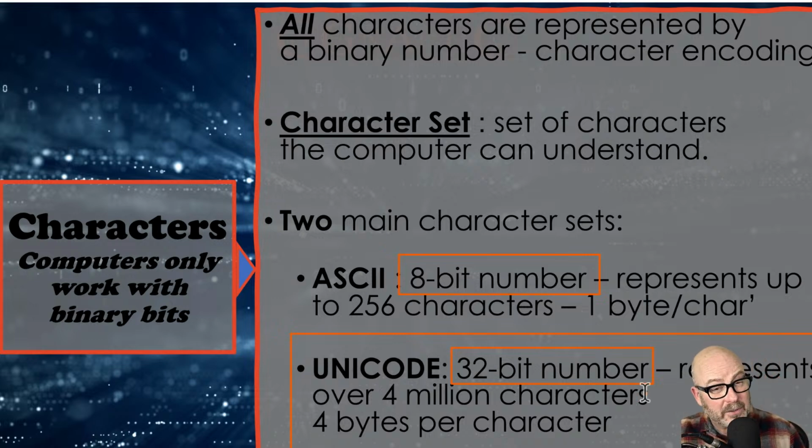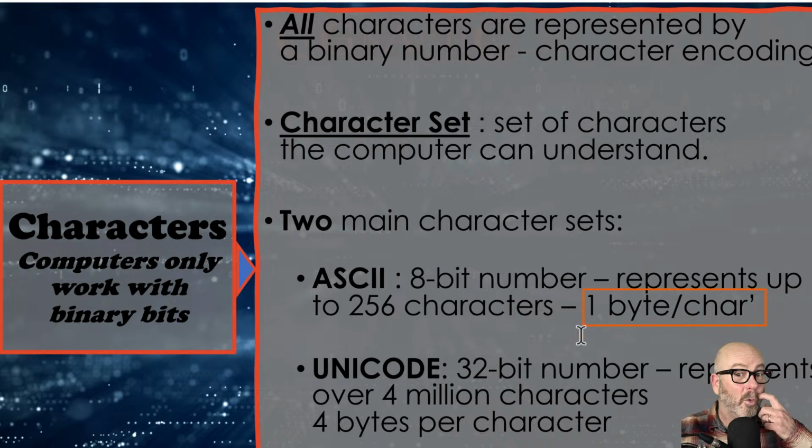And so this is the detail here. These are just facts, right? While in ASCII, each character, so the A will be represented by 1 byte, okay? Not a bit, a byte, 8 bits, okay? So 8 bits, 1 byte per character. So an A is represented by a number which is 8 bits, or 1 byte.